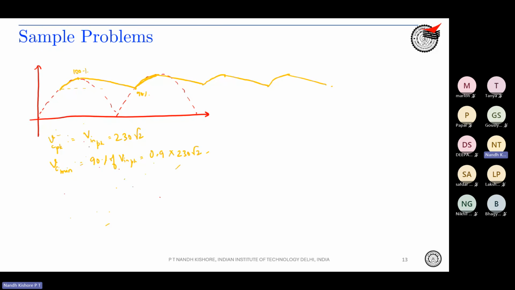So you would have also learned in the lecture slides, but the point is your VC minimum can be written as VC peak into cos omega t.